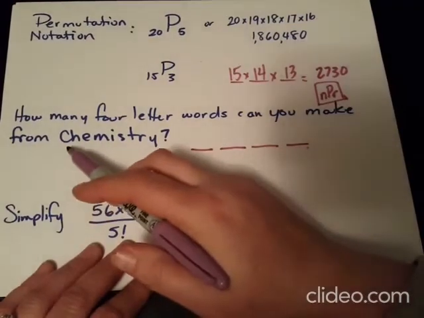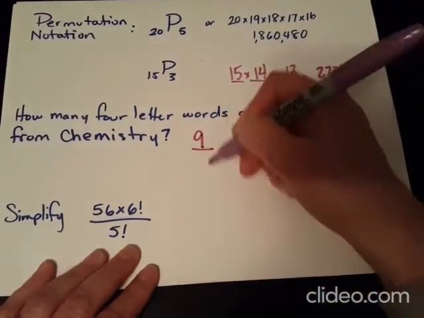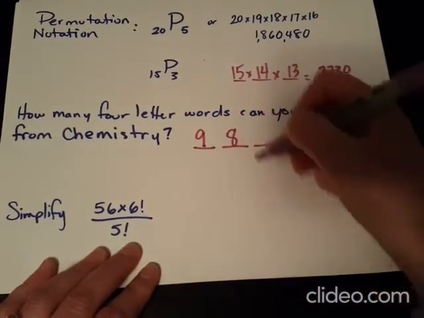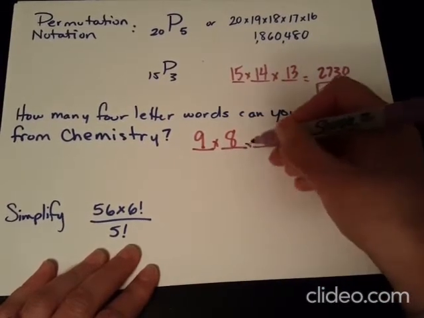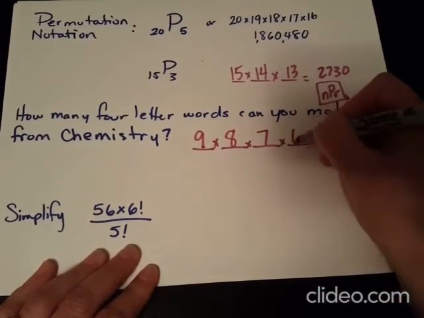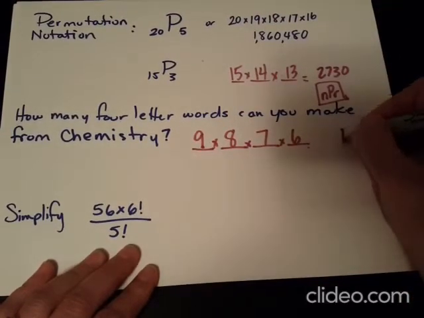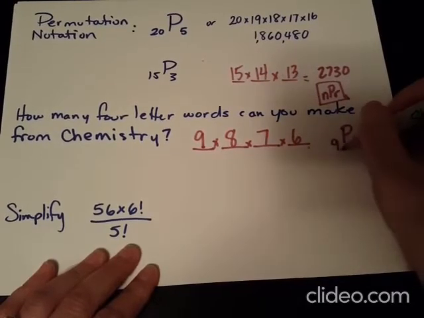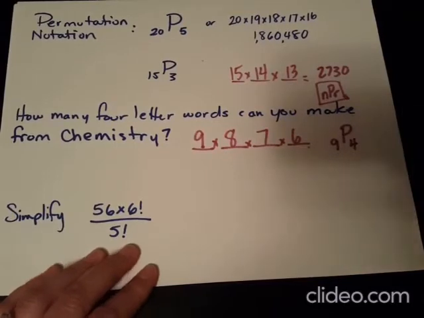Just to remind ourselves, there were 9 letters altogether in chemistry, so any one of them could be used first. Once we use a letter, there's only 8 letters remaining. If we wanted to show this as permutation notation, we would start with a big P. We would say I had 9 items and I arranged them over 4 positions.